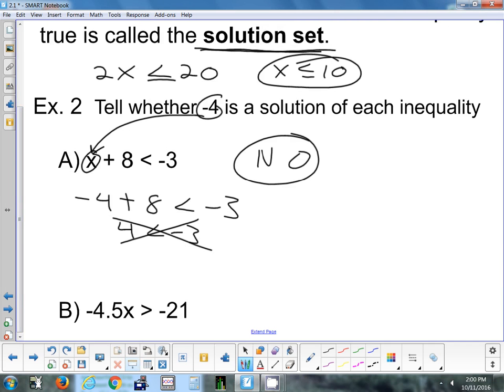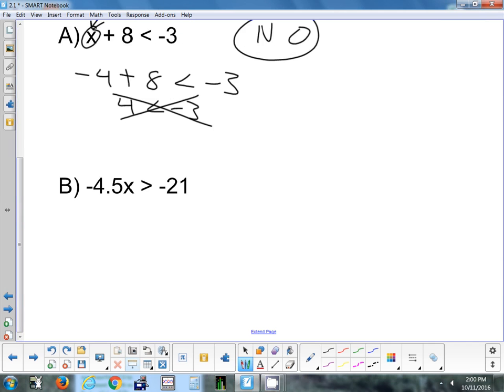All right, let's try this one. It says negative 4.5, so we might need a calculator. Negative 4.5x is greater than negative 21. Okay, so Kaylee, if I want to know if negative 4 is a solution, what's the first thing I have to do with negative 4?